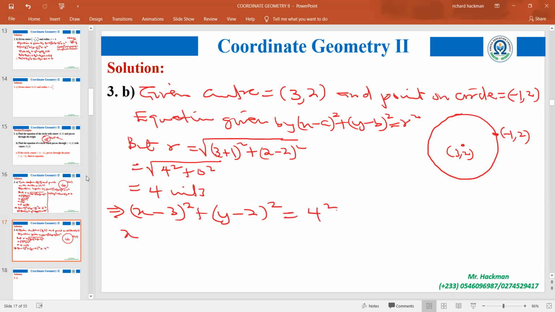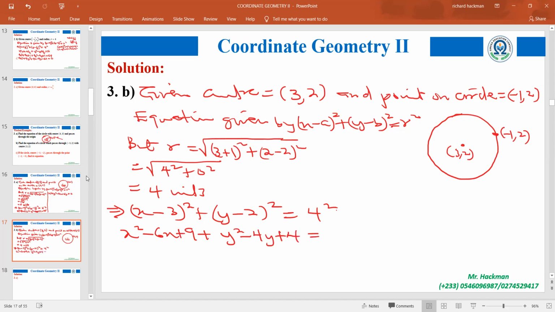So now our expansion, help me expand. x minus 3 all squared is x squared minus 6x plus 9. Okay, plus, let's expand this, y minus 2 all squared is y squared minus 4y plus 4.